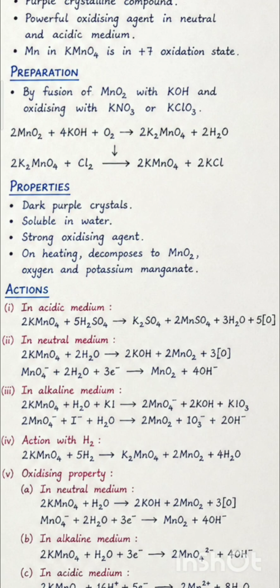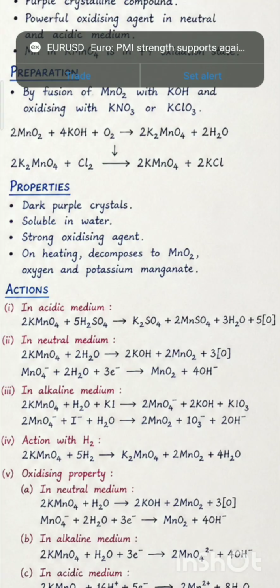Reactions. Reaction in acidic medium: KMnO4 plus H2SO4 gives K2SO4, MnSO4, and so on. In neutral medium, it converts MnO4 minus to MnO2. In alkaline medium, I minus is converted to IO3 minus.